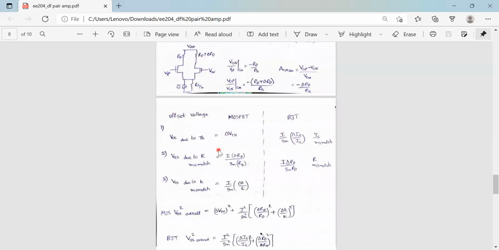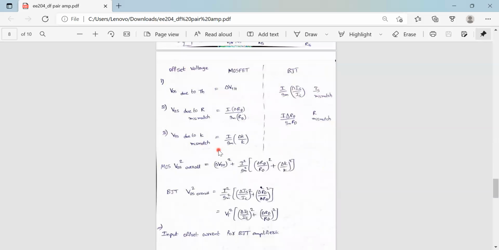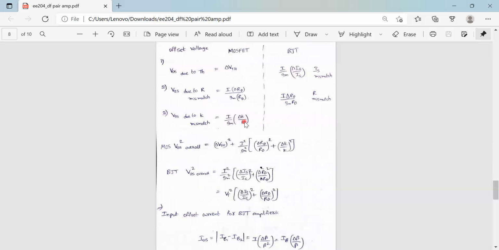Due to this, an offset voltage is developed at the positive terminal of the amplifier. V offset due to the threshold difference is delta VTH, and VO due to R mismatch or load mismatch is I delta RD by GM RD.